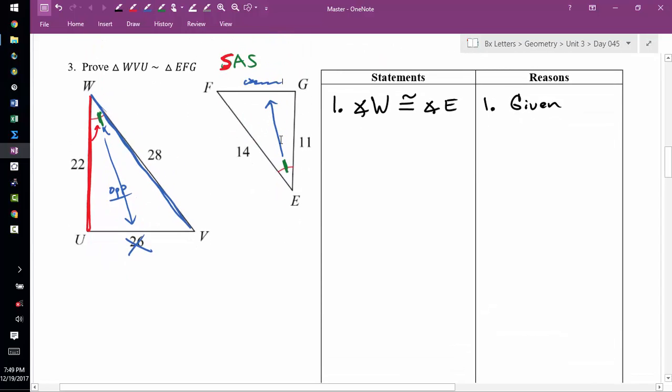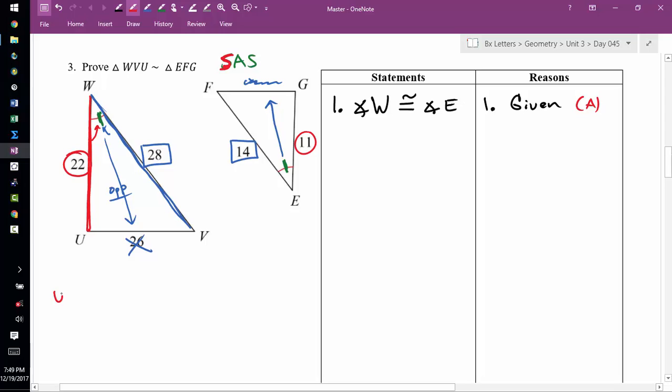So I think we're ready to fill in the other parts of our proof. I know I'm going to use 22, which is the smaller side, right? 22 is smaller than 28. So the corresponding side is 11, because 11 is smaller than 14. And I know I'm going to use 28 and 14. So I'm going to start writing up my ratios, because I've already got my angle fact here.